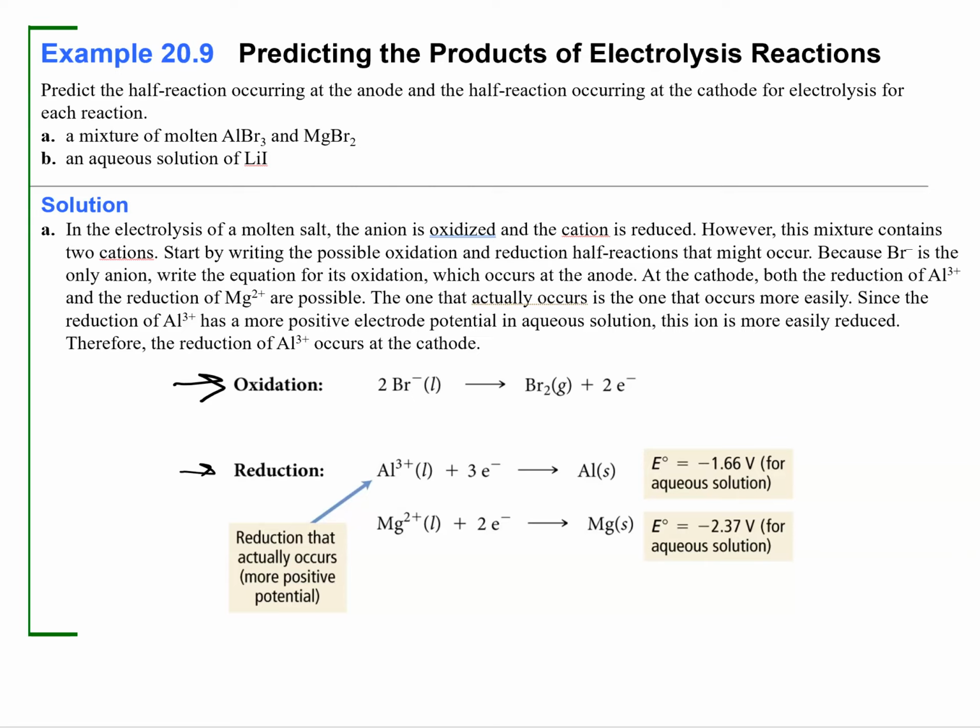But in terms of reduction, it could be the aluminum, could be the magnesium, but when we look at the potential for the half reactions, we see that we have a more positive value for the aluminum 3, which means it's going to get reduced first. Because reduction is gain, it has a higher potential to gain those electrons, and it will accept them favorably faster than the magnesium does.